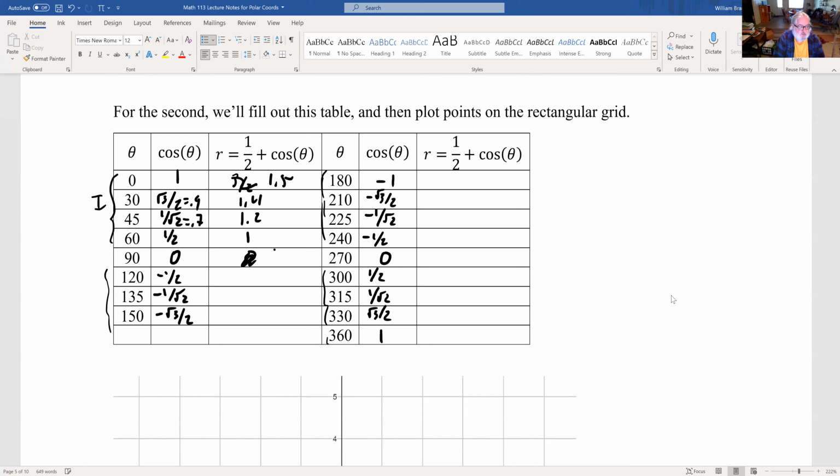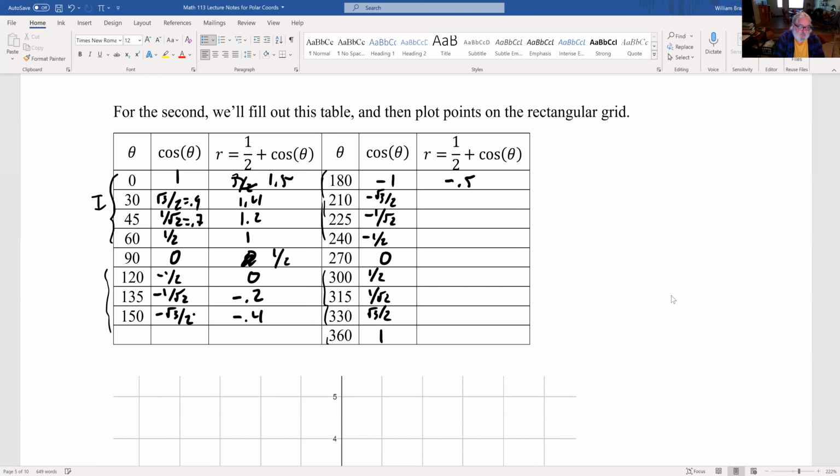And then 1/2 plus 0 is 1/2. 1/2 plus minus 1/2 is 0. 1/2 plus minus 1 over root 2. Remember, this is going to be minus 0.7, so this is going to be minus 0.2. And then 1/2 plus this is about minus 0.9, so that's going to be about minus 0.4. 1/2 plus minus 1 is minus 0.5.